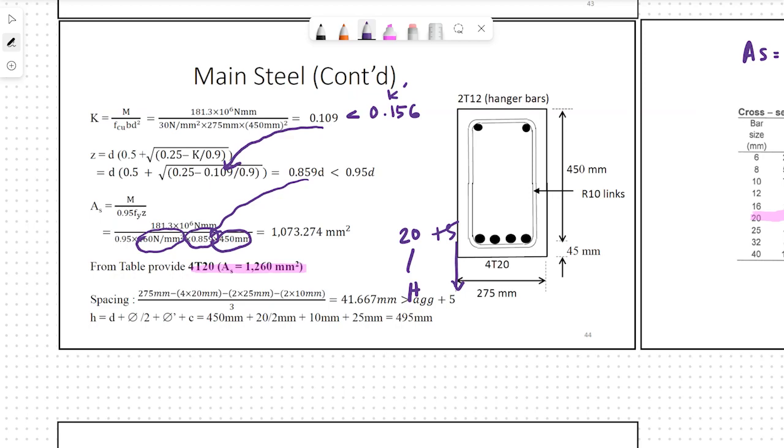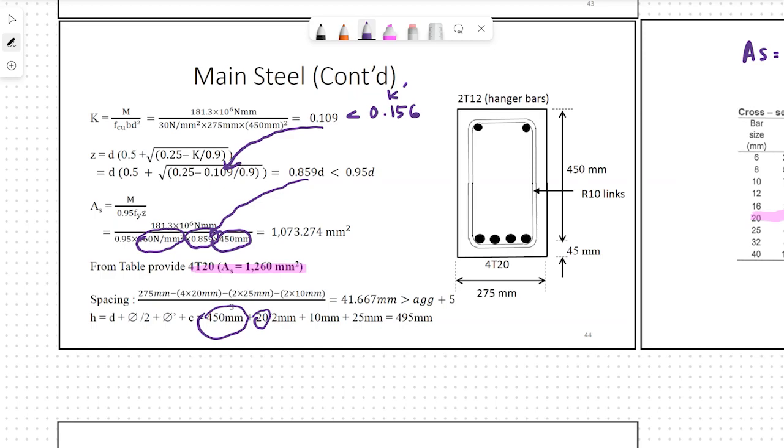And we need to calculate the value of h since h is not given. Dalam soalan ni dia bagi d. Okay, so dapatkan h supaya kita boleh sketch the beam. h equal to d plus half bar diameter, okay, plus dengan diameter link plus c. So 450 is the effective depth, 20 is the size of the main reinforcement.